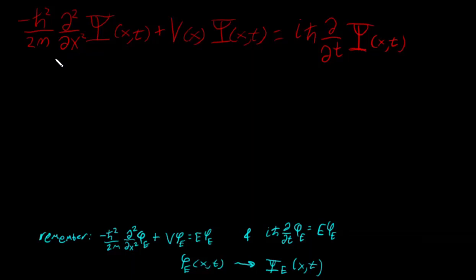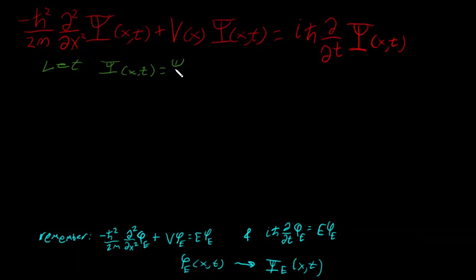Okay, so the first step is I'm going to say, let capital psi of x and t, let's just say, and this is not necessarily true for every function of x and t, but what if? This is sort of like a what if. What if this function could be broken up into two parts?